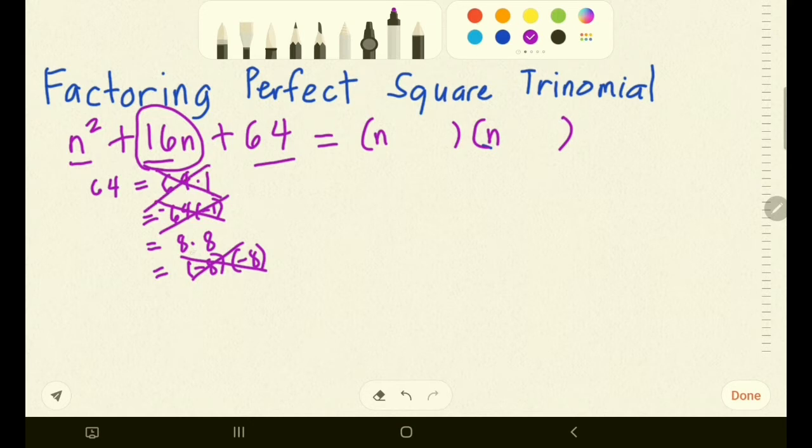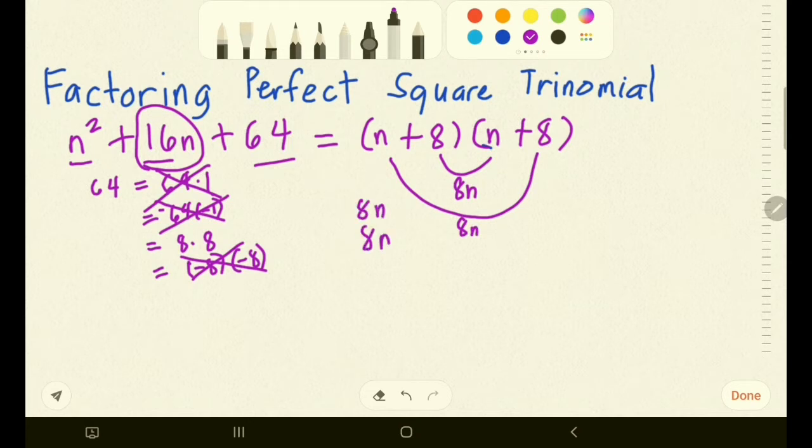So very clear that this cannot be used. We could use 8, so plus 8 and plus 8. You can check your answer. 8 times n, that's 8n. 8 times n again, 8n. And then you add 8n plus 8n, that is 16n. We get the correct middle term.